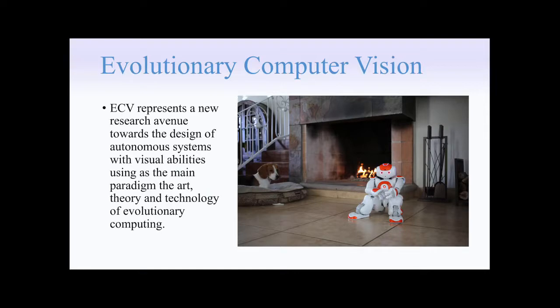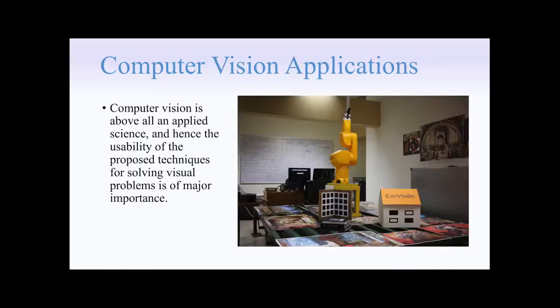The proposal follows a goal-driven methodology, which is the core of a new way of developing computer vision methods. Computer vision is above all an applied science, and hence the usability of the proposed techniques for solving visual problems is of major importance.